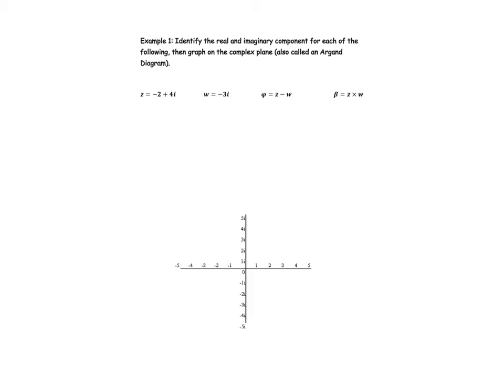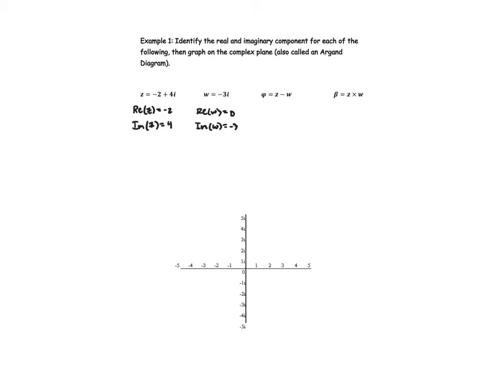Okay, let's look at identifying the real and imaginary components for each of the following, then graphing them on the complex plane. Now, just a side note, the complex plane is referred to as the Argand diagram. So let's identify the real and imaginary portions. The real portion of z is a -2. The imaginary portion of z is a 4. The real portion of w is a 0, and the imaginary portion of w is a -3. Oops, no i attached.